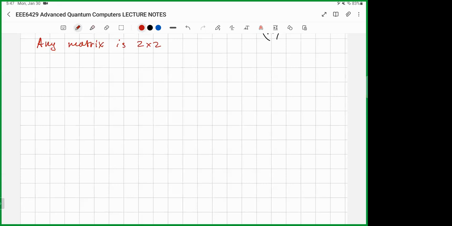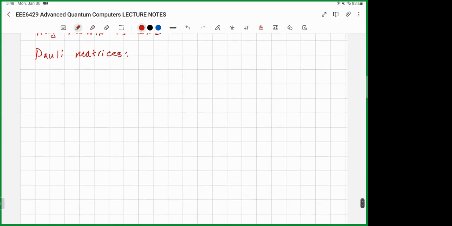Right? And the most important matrices in this two-dimensional space are the so-called Pauli matrices. Usually we denote them by sigma 1.